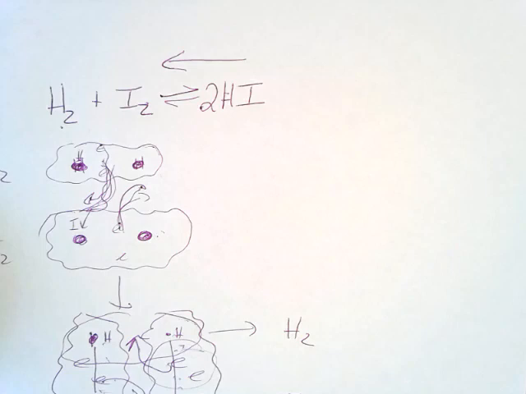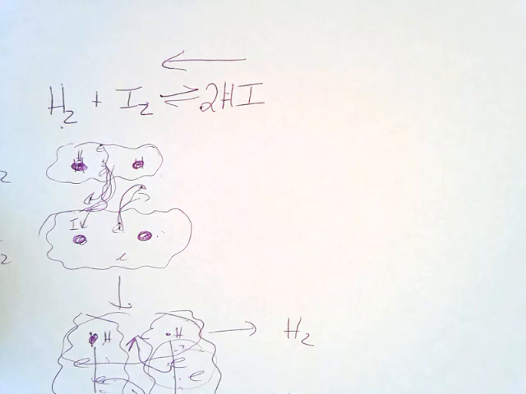The HI concentration is increasing because you're making it through the forward reaction. So as the forward reaction is slowing down, you now get more collisions between two HI molecules because there's more of them. So picture two HI molecules now coming together.